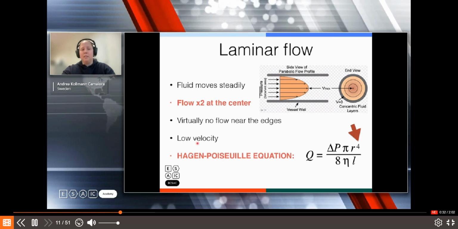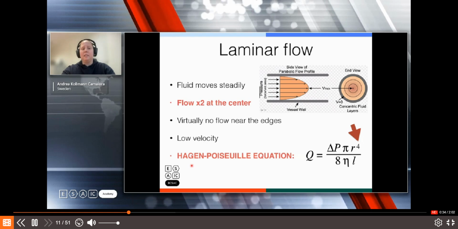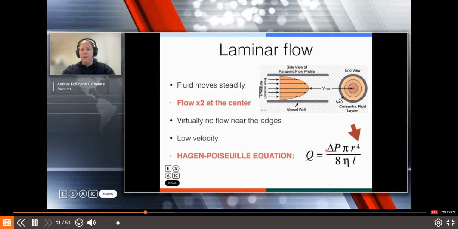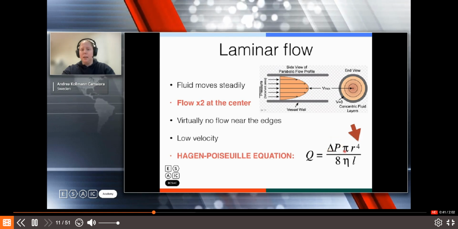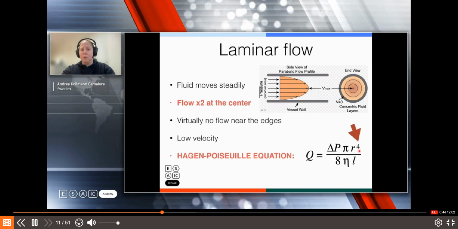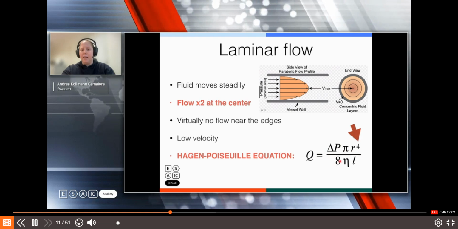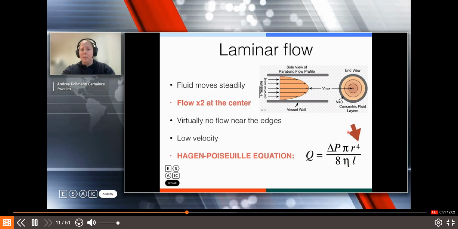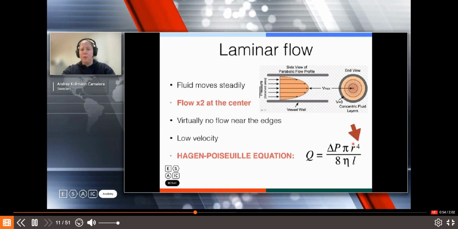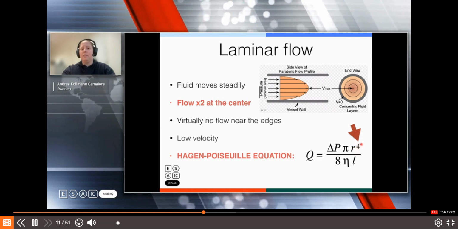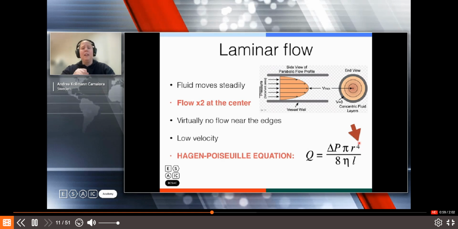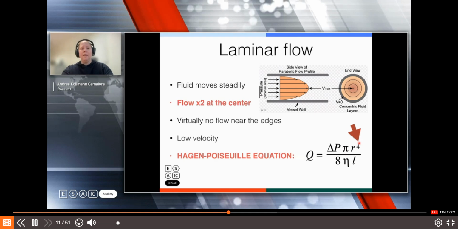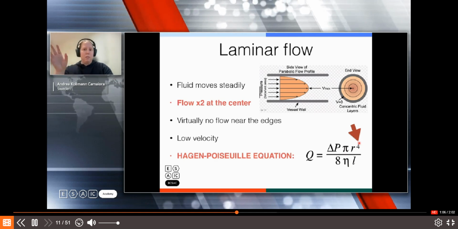The velocity is low, and it is described by the Hagen-Poiseuille equation, in which the flow is the difference in pressure times pi times radius to the 4 divided by 8 times length and viscosity. And you see that there is a huge arrow here pointing to the 4, because this is to the 4th power of the radius. And this is very, very important, because they can ask these questions in part 1 as pure basic science, like the Hagen-Poiseuille equation is this, and you need to say true or false.